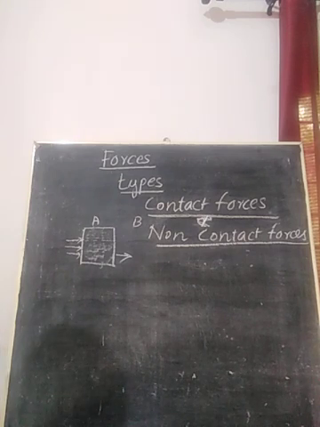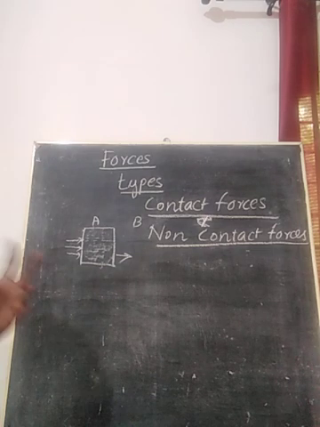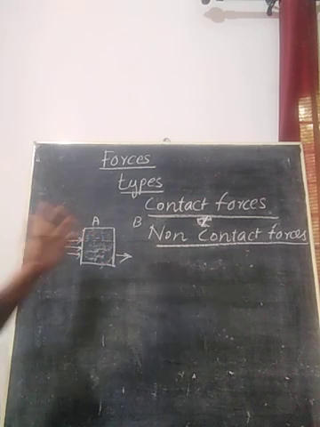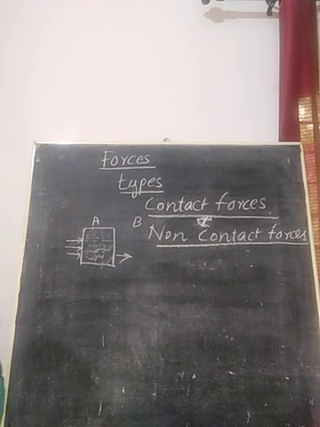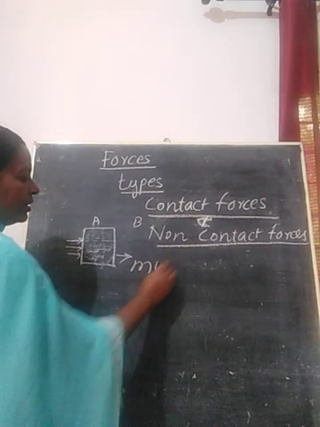Whenever we kick a ball, the leg should be in touch with the ball. Till that time the ball will be waiting to get a touch. So there are some forces that can have an effect only with contact, or with interaction. Example, muscular force.